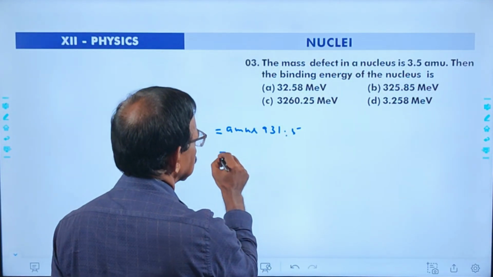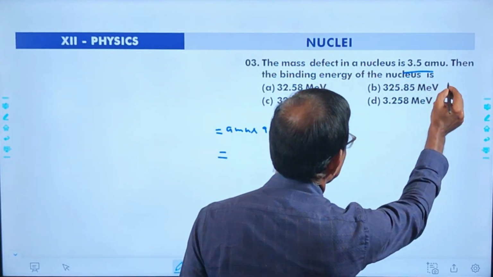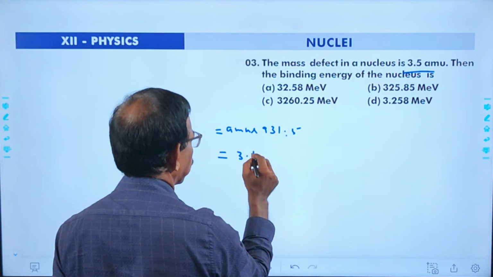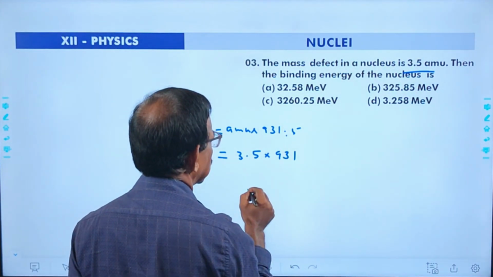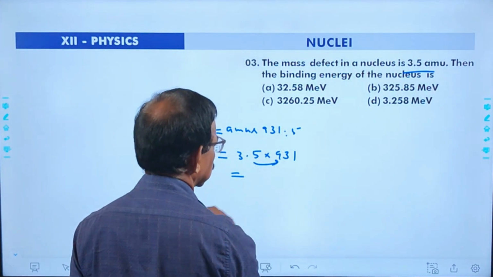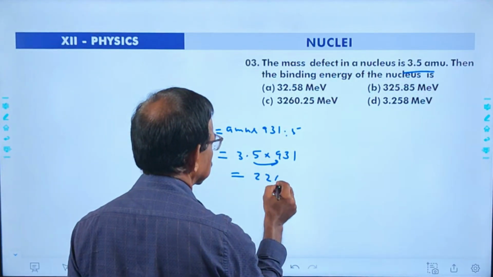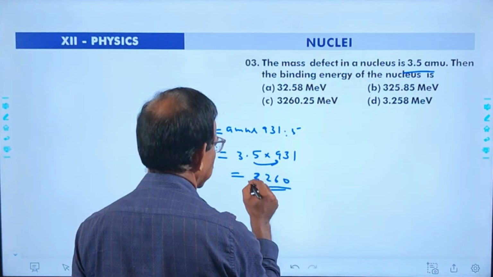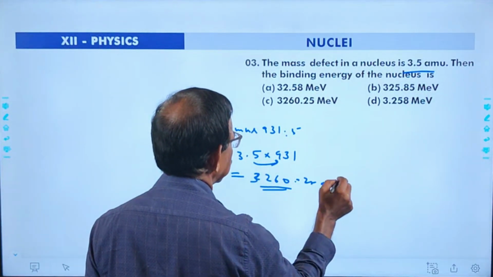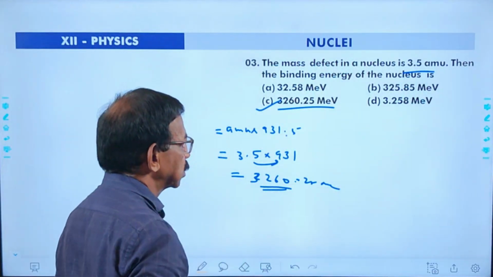So 3.5 into 931, nearly 3260.25 MeV. The correct answer is option C.